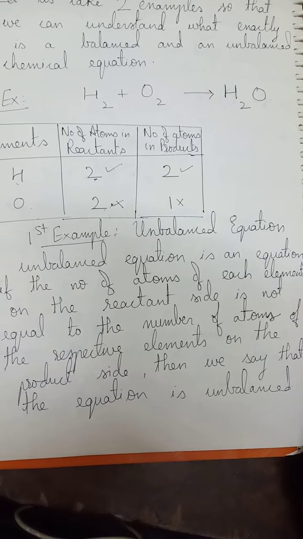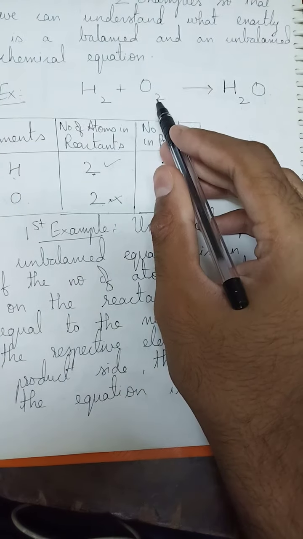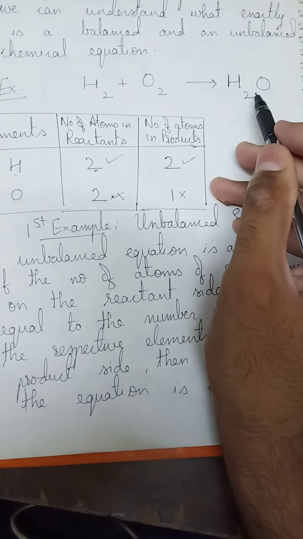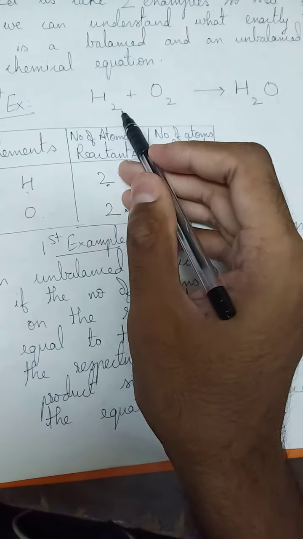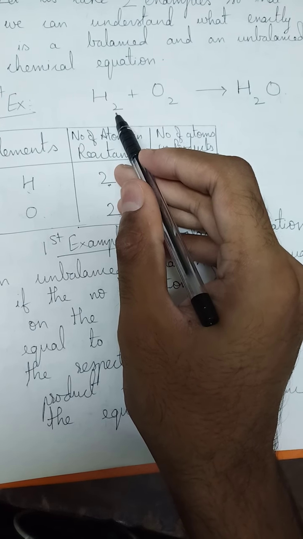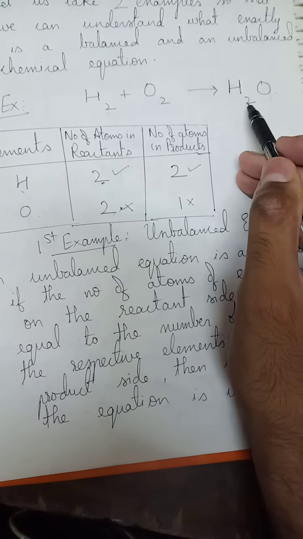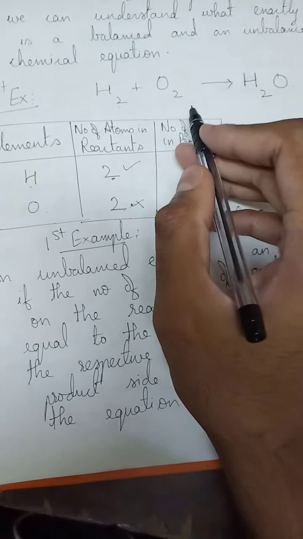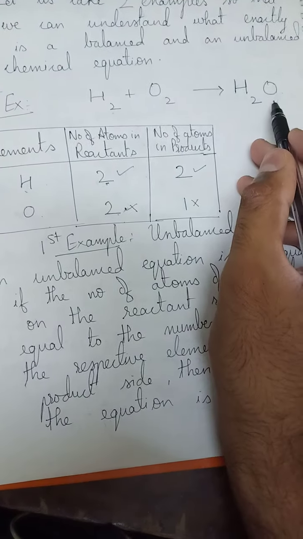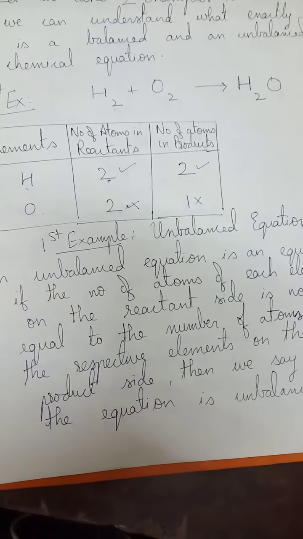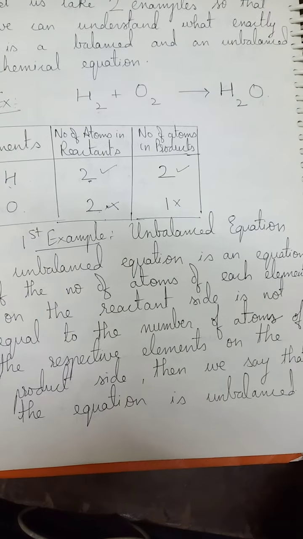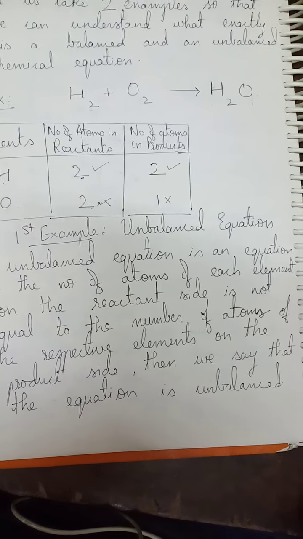So you must have understood why I have called this an unbalanced equation: there are 2 hydrogens here and 2 hydrogens there. Okay, that's fine, but there are 2 oxygens here and only 1 oxygen there. How can that be possible? So that's why we call this first example an unbalanced equation.